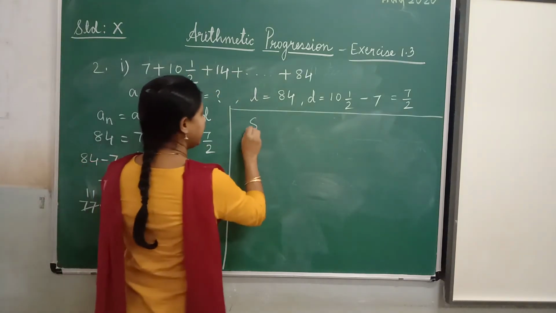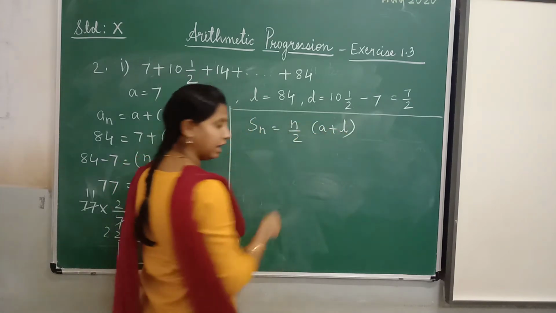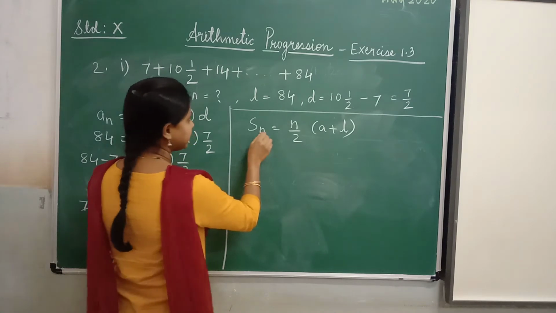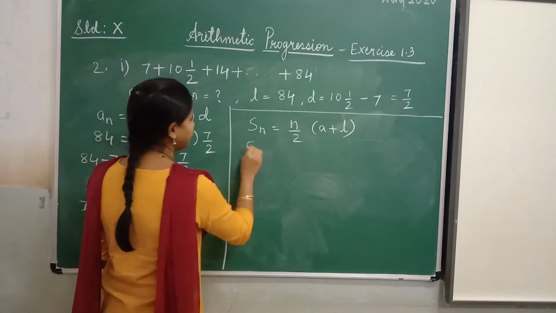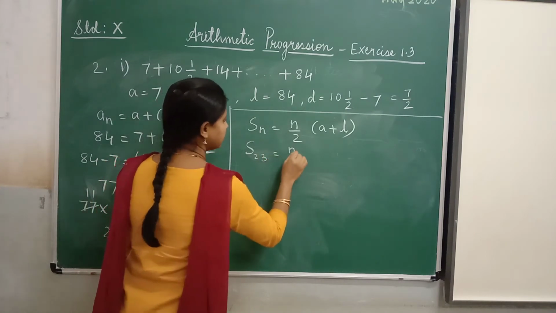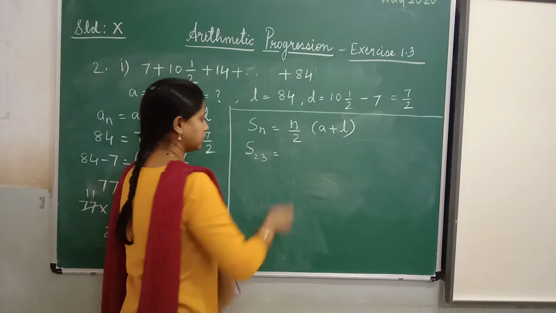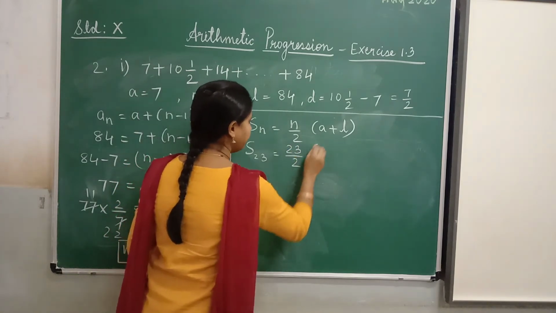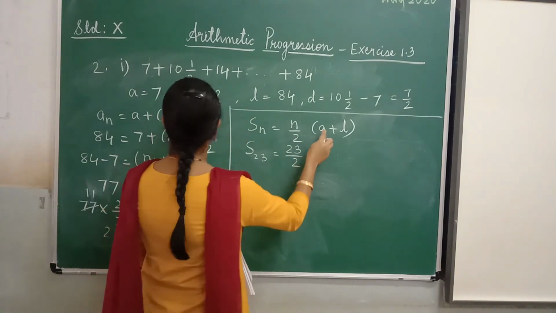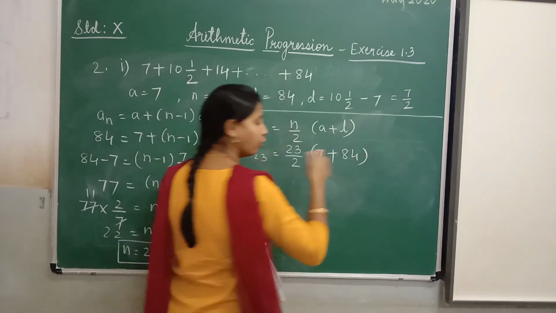So use the formula Sn is equals to n by 2 into a plus l. Okay children? So we have to find the sum of 23 terms. n is, we have found it as 23. So substitute 23 by 2 into a is 7 plus l, last term is 84.